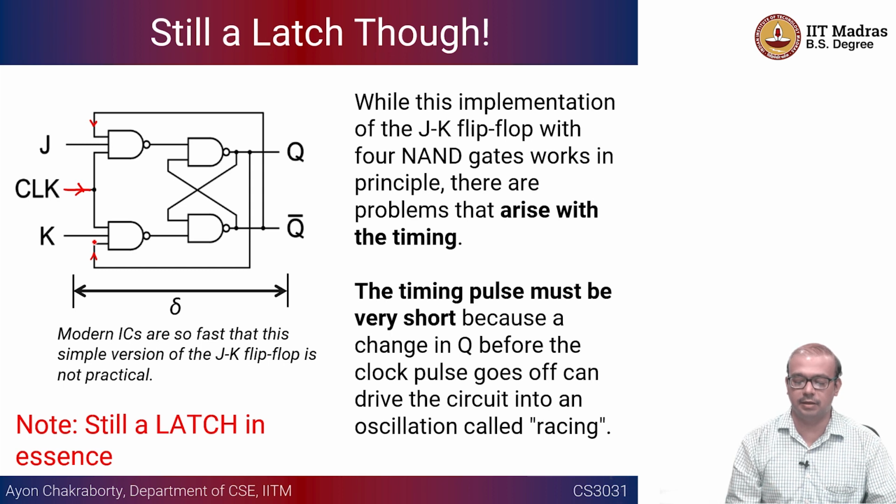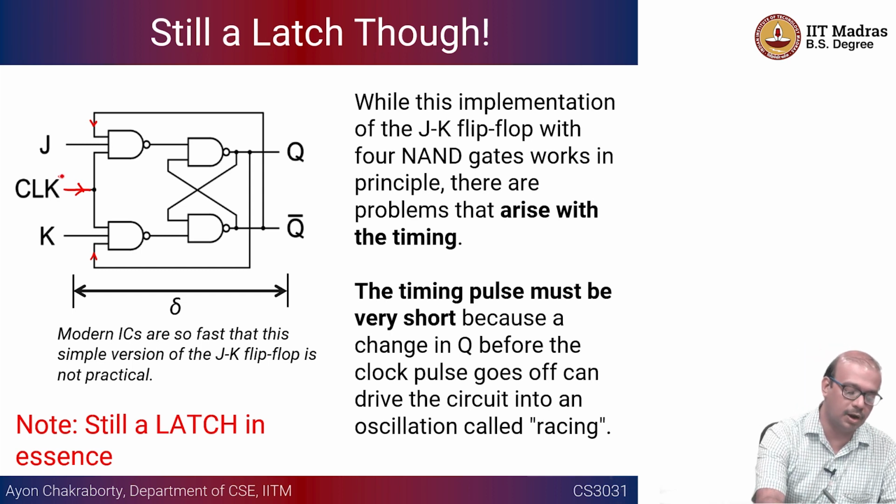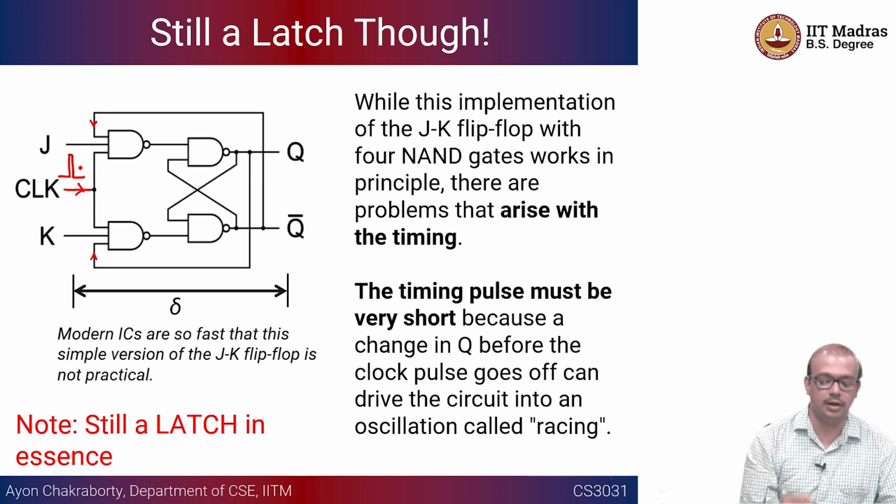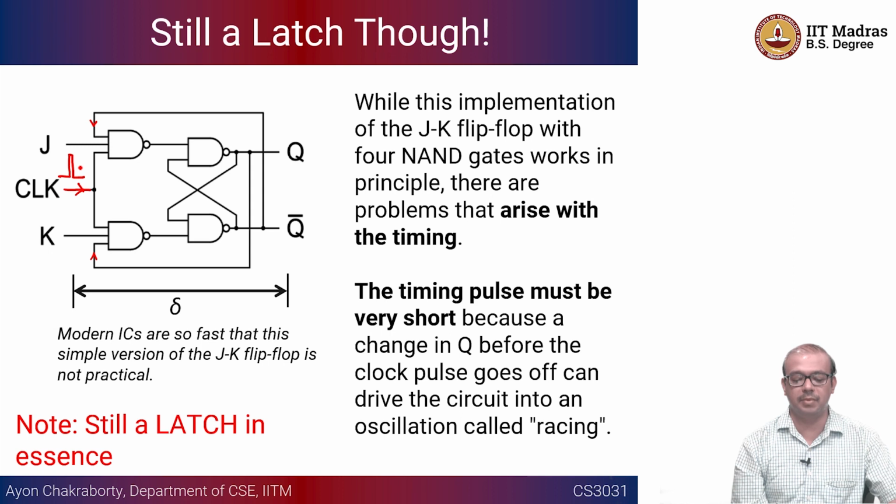The only way to make the racing not happen, or not have an uncontrolled number of toggles, was to make sure that the clock pulse that is going to be one lasts for a very, very short period. In that way, before the Q feedback comes back to the front part, the clock is set to 0.